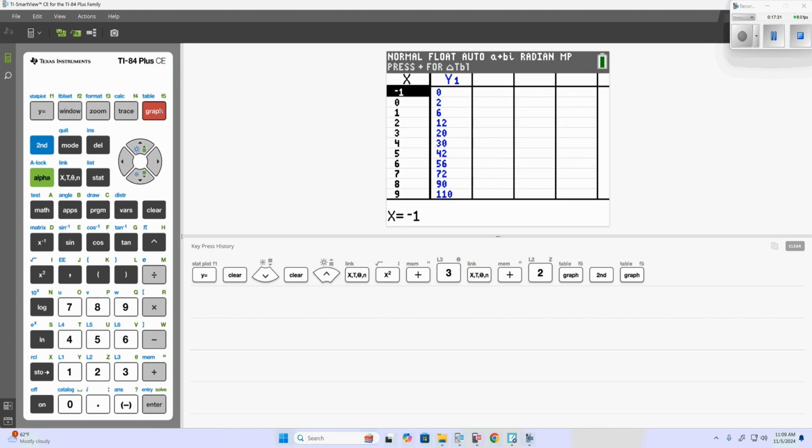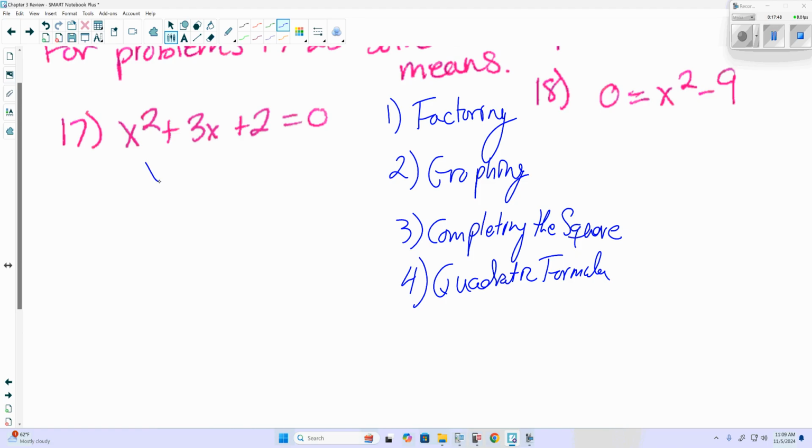Or we can hit second table, which will get us the table. And again, when we graph it, what we're looking for is what value of x will make the y value be 0. The values of x that make the y be 0 are -2 and -1. And that's it.